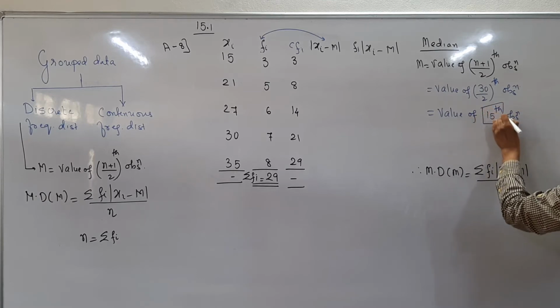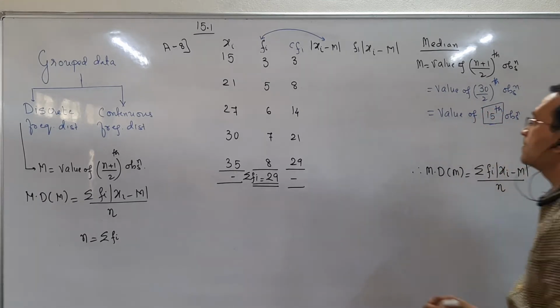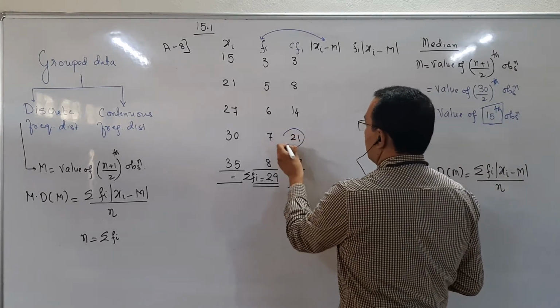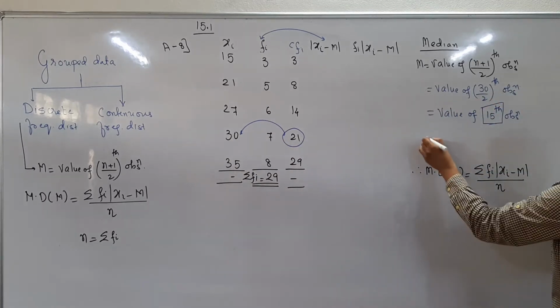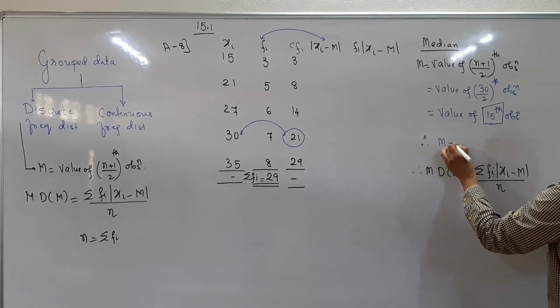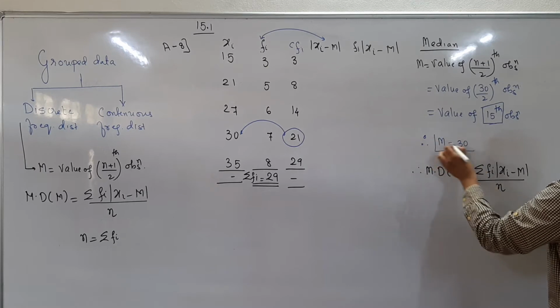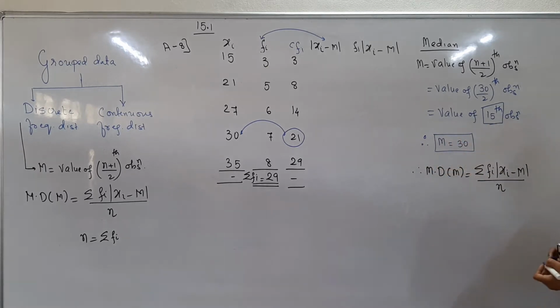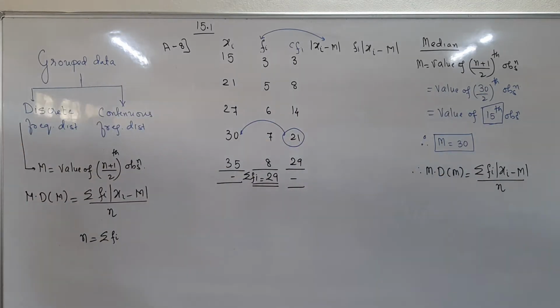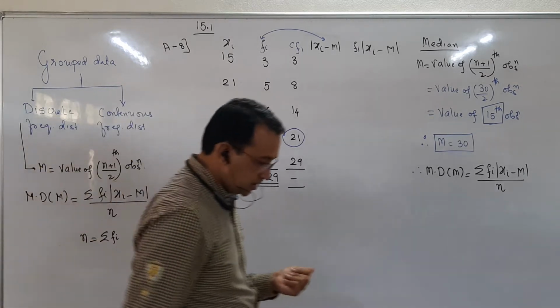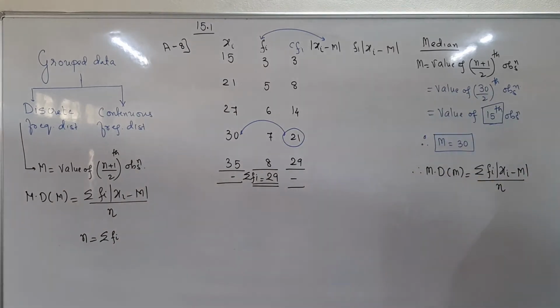This value we have to look for in the column of cumulative frequency. It is covered in 21. The corresponding xi will be the median. Therefore, median M is equal to 30. Students, the observation corresponding to cumulative frequency 21 is 30.